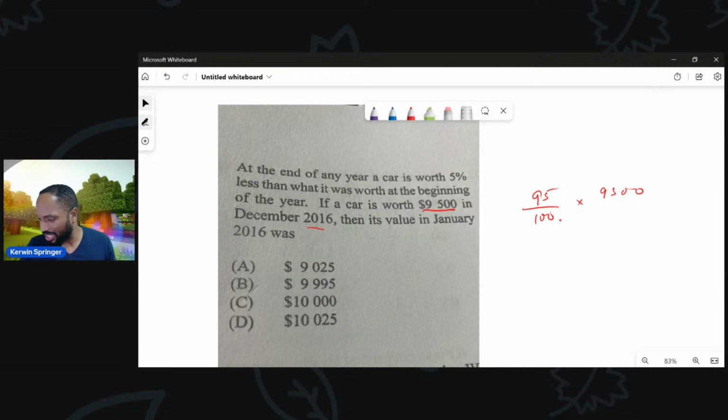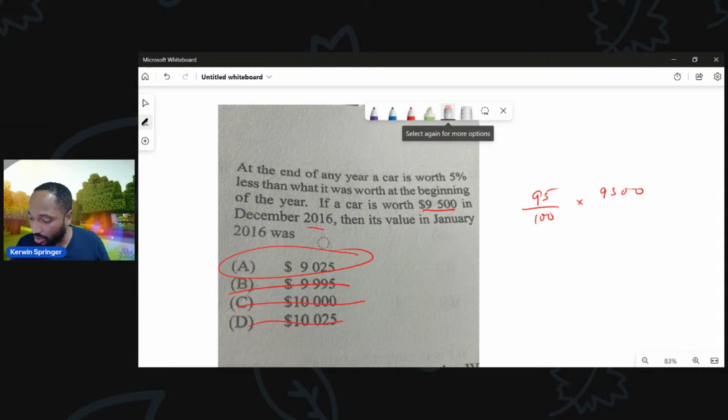Hold up, 5% less. I can watch this and figure this out, right? It can't go up. The car is worth 9,500, it can't go up. Oh, sorry, I'm wrong.